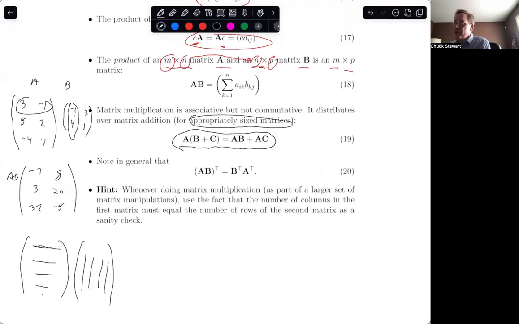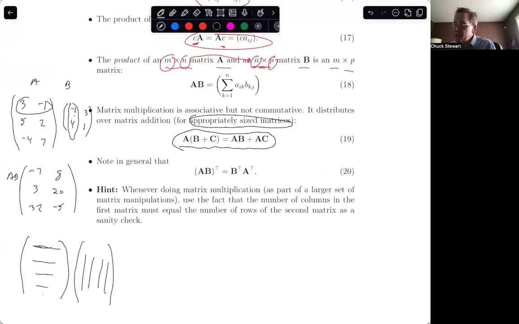And I should have said this earlier. The notion of multiplication in linear algebra here is actually the notion of a dot product in NumPy. And that is consistent with the dot product we've already talked about here today.